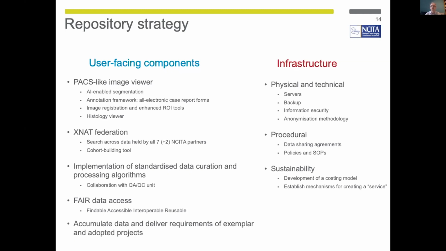And of course, ultimately, none of this is going to be any use at all if we can't make this sustainable. If we accumulate data for 5 years and then the NCITA grant vanishes with all the repository, then that would be no good. So we're working hard and already have the start of mechanisms to create this as a sustainable service.